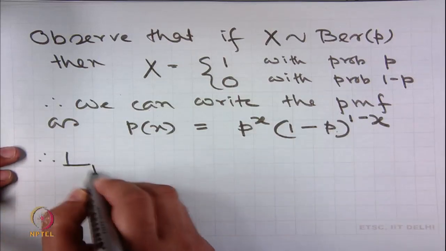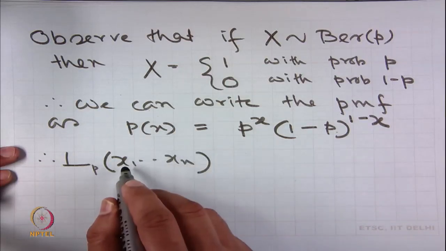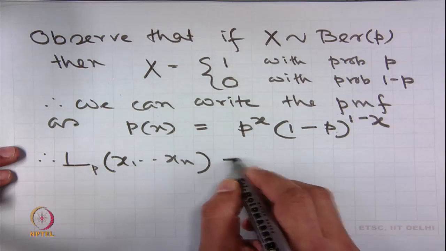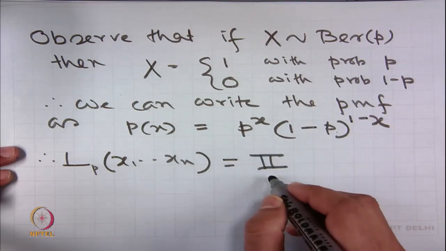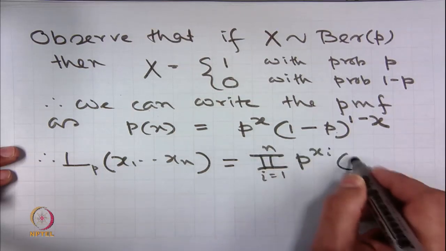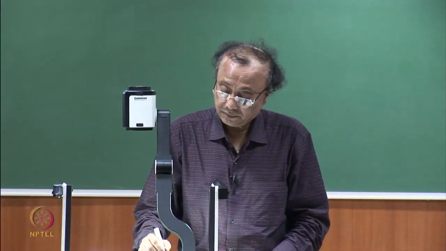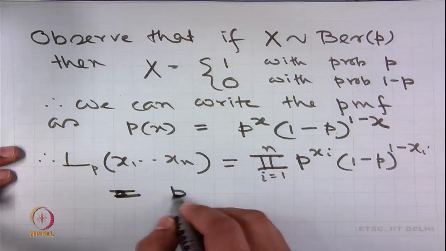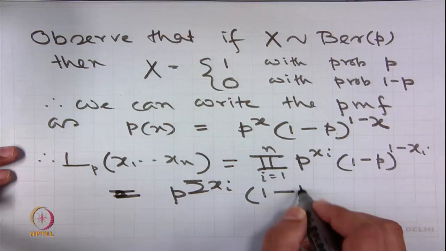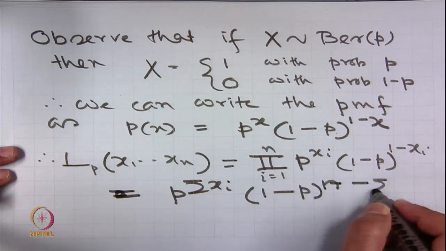Therefore, L p of x 1, x 2, x n, that is the likelihood function of the sample x 1, x 2, x n when the parameter is p, is equal to product of i is equal to 1 to n p to the power x i into 1 minus p to the power 1 minus x i, which is equal to p to the power sigma x i into 1 minus p to the power n minus sigma x i.